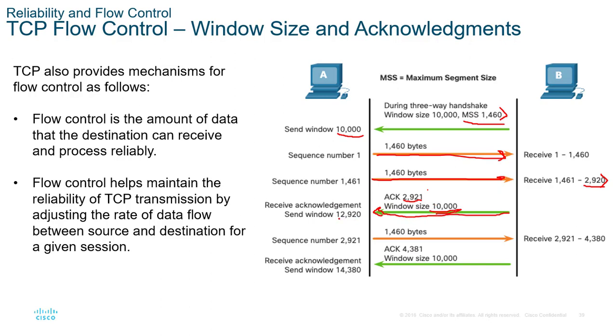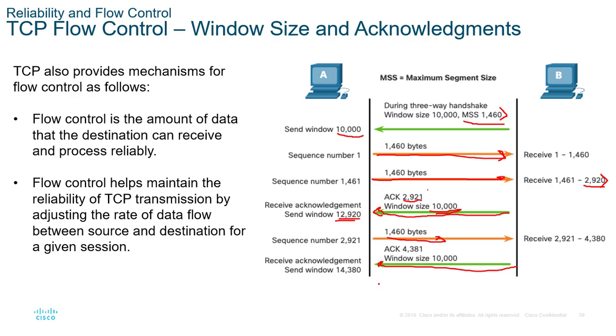So it resets the window size, and I add 10,000 to 2,920, and that's my new window here. And so I can keep sending data all the way up until byte 12,920. Somewhere in between that sequence, computer B is going to send another acknowledgement back and reset the window size. And that establishes the flow rate.